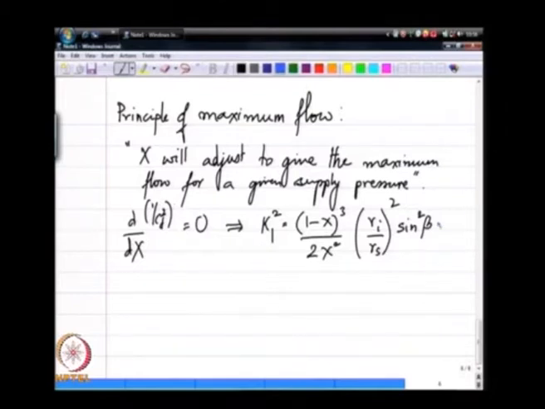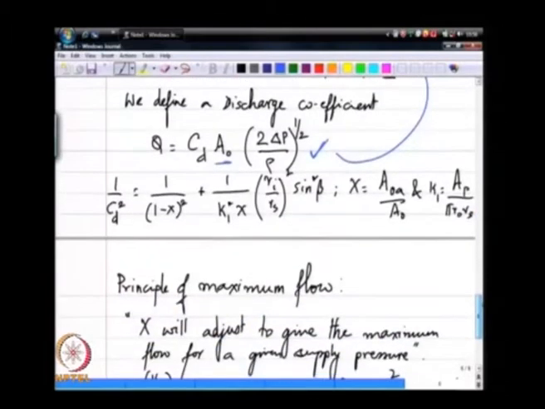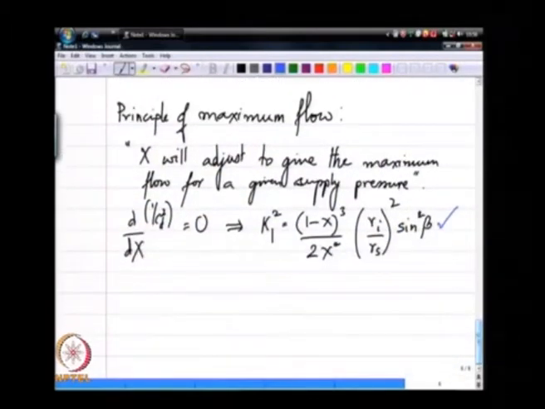If I substitute this back into my expression for C d, we end up getting this equation for C d.